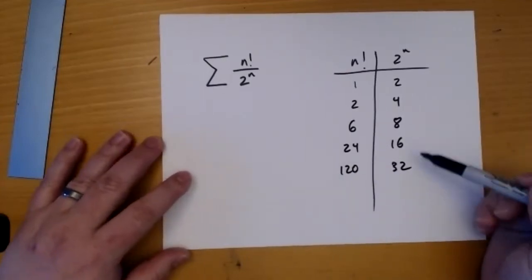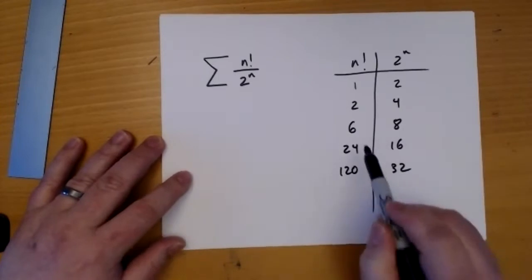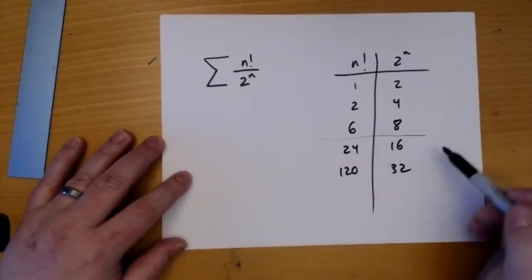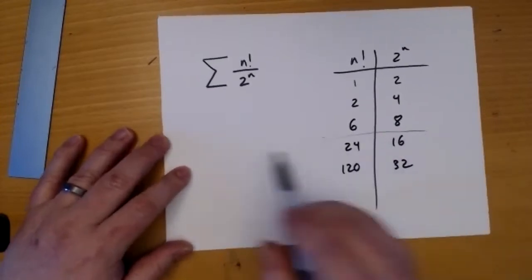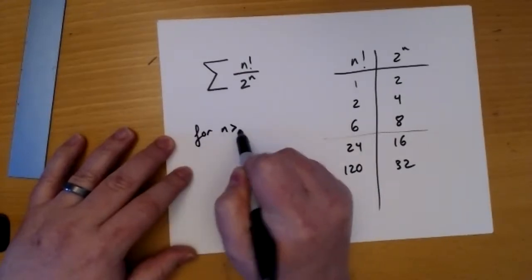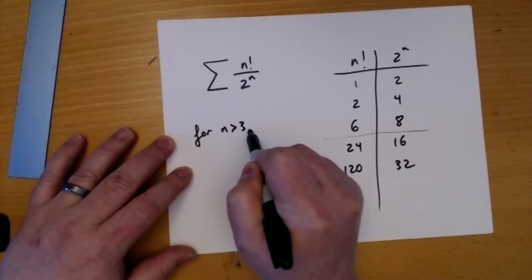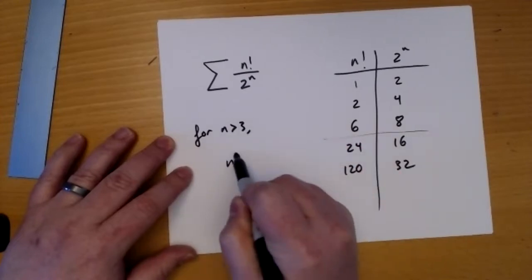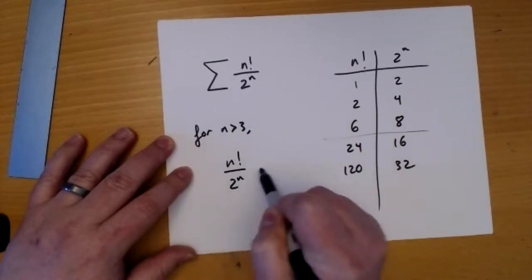Now, what you can say from here is that after this point, for n greater than 3, n factorial over 2 to the n is greater than 1.